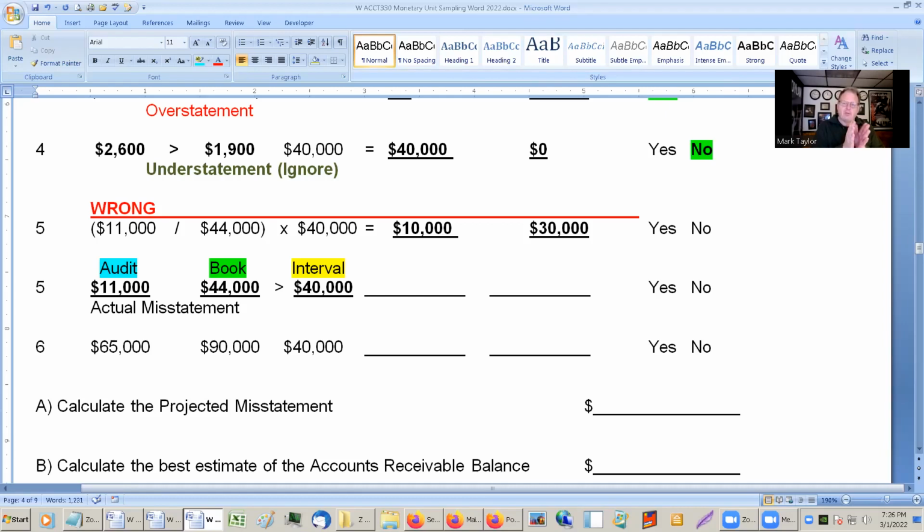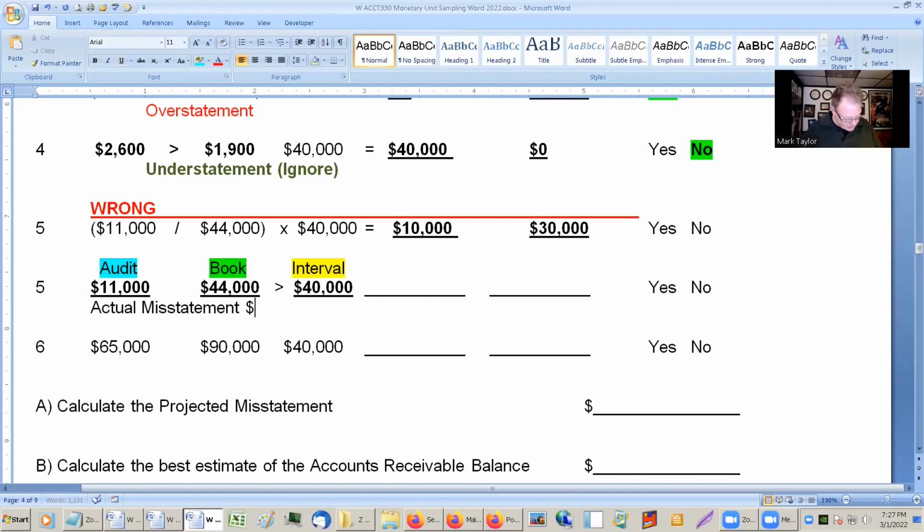Your company says it's worth 44,000. What is this actually misstated by? 33,000. Yep.